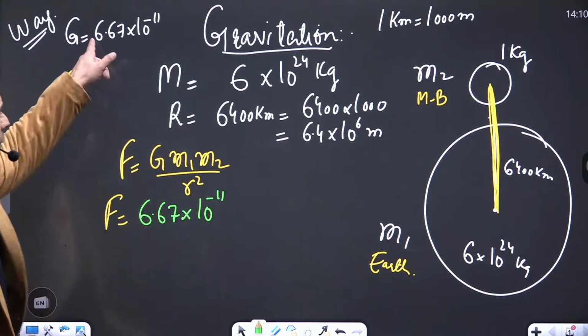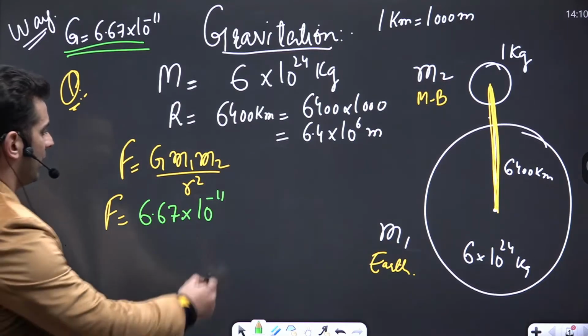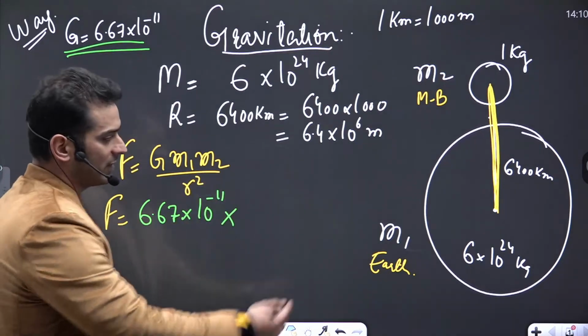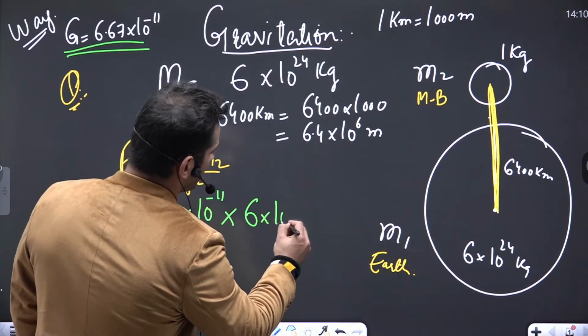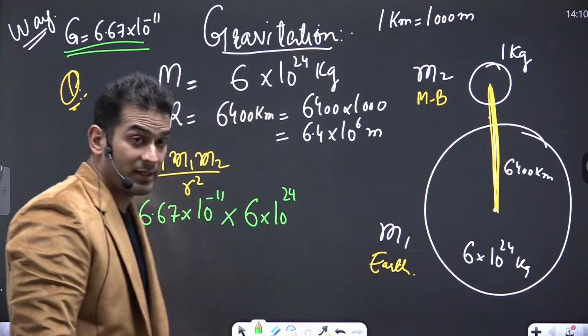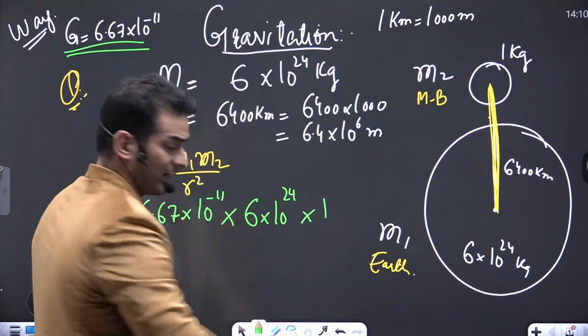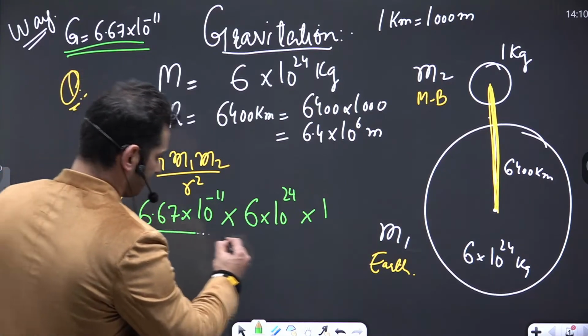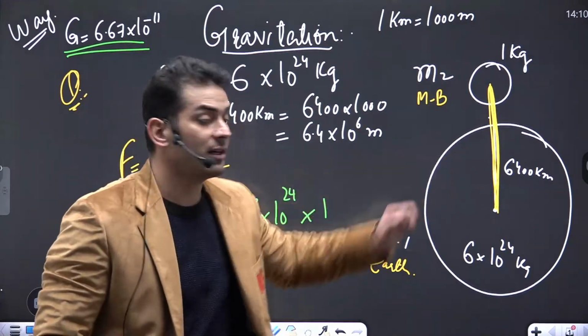Right, beta? The constant, into what is the mass M1? What's the mass of earth? It is 6 into 10 raised to power 24 kgs. And what is M2 here? 1 kg. Divided by what is the distance between them? It is 6,400 kilometer.